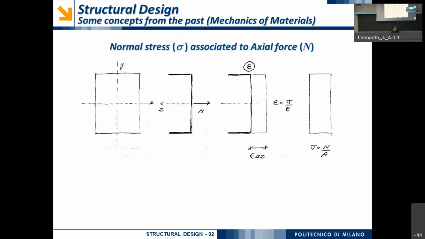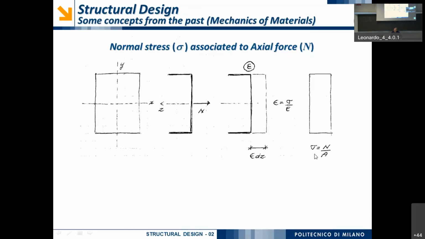I expect that all fibers undergo, for example, an elongation, okay? Or a shortening. The value of the elongation will be equal to the value of stress over the Young's modulus, okay?